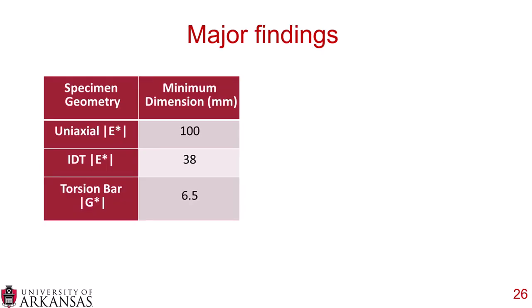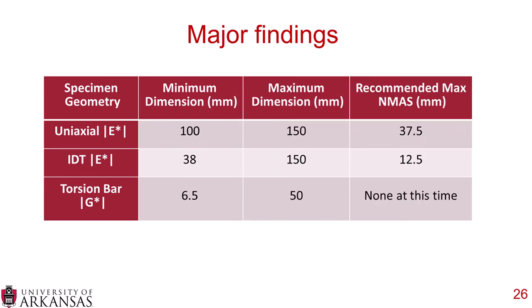So in conclusion, our major findings: if you look at the minimum dimensions of each of these geometries, the uniaxial, the IDT, and the torsion bar, the minimum dimensions are 100 millimeters, 38 millimeters, and 6.5 millimeters. The maximum dimensions are 150 for the uniaxial and the IDT and 50 for the torsion bar. And based on these findings, we feel we can still comfortably recommend 37.5 millimeters as the maximum nominal maximum aggregate size for the uniaxial.